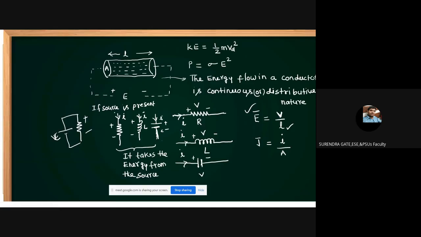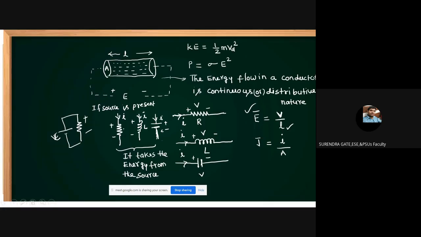But in the case of a resistor, current always enters at the positive terminal, because it always takes energy. It is a dissipating element, not a storage element. That's why in the case of a resistor, current always enters at the positive terminal and it takes the energy.